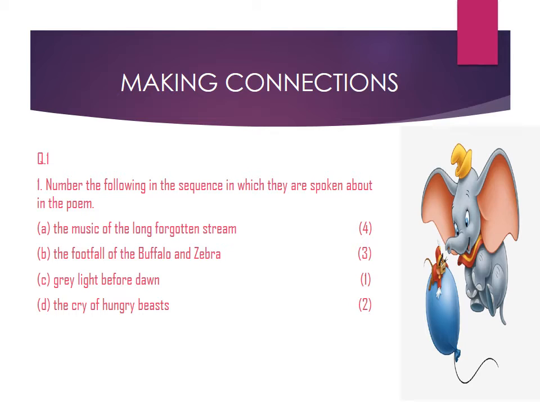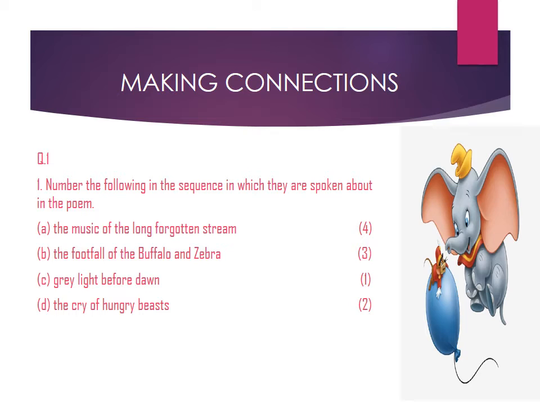The cry of hungry bees, it is given in paragraph 2. So number 3, B is number 3, the footfall of the buffalo and zebra. Now this has been taken from the third paragraph, and last number 4, A is the last, the music of the long forgotten stream.